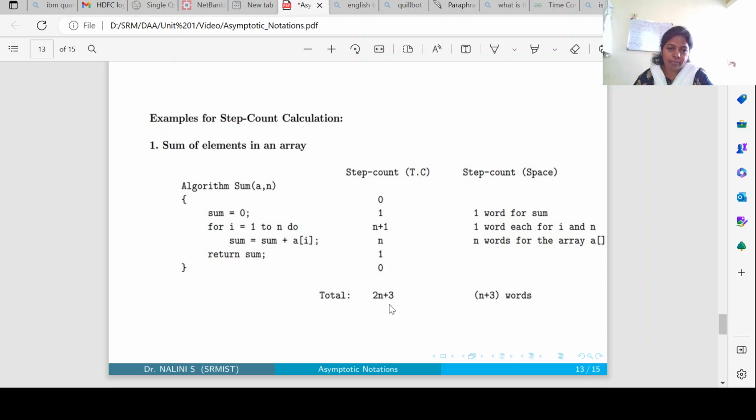So the time complexity for this algorithm is big O of n, because we have to neglect constants as well as constant multipliers. So we get big O of n for the space complexity also.